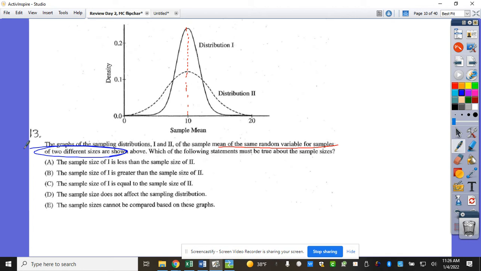Before I even read this, what word would I put there? What are some words I can put there? Taller. What else?